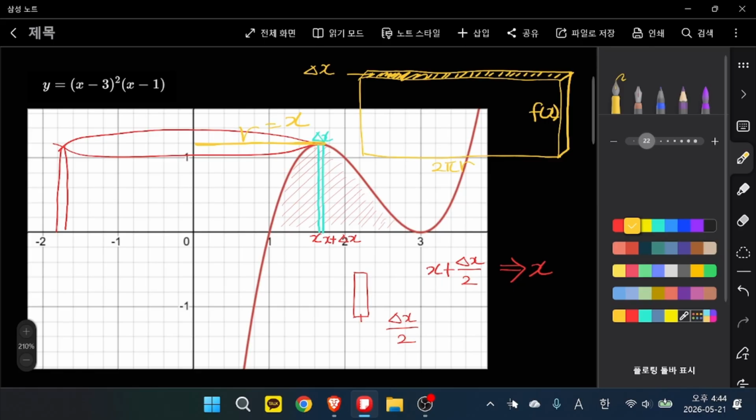So 2 pi r times f of x times delta x gives an approximate volume of one shell.